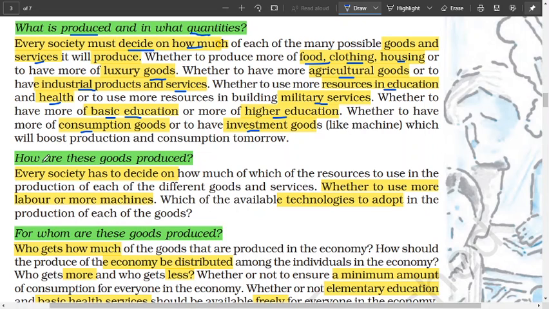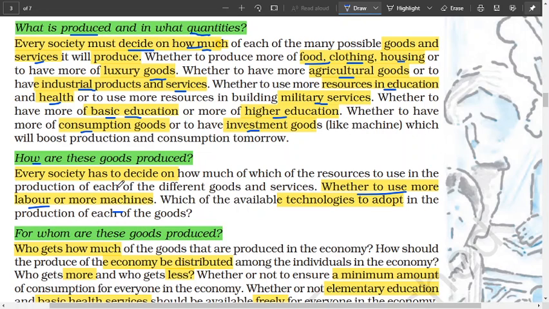Second problem is, how are these goods produced? Not how much, but how. Every society has to decide whether to use more labor or more machines. This is the second part of the question that deals with the method, the technique. If they know that the economy needs rice, for example, 1 ton of rice, that answers the first question.